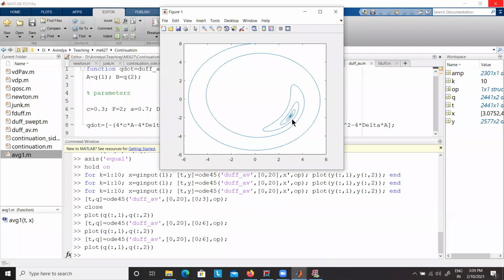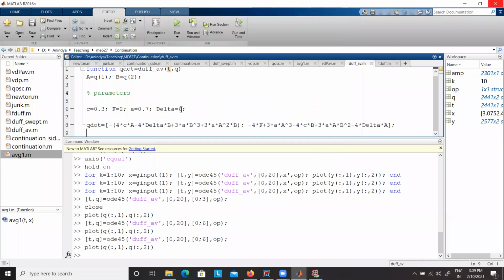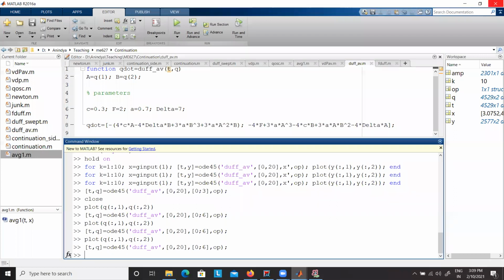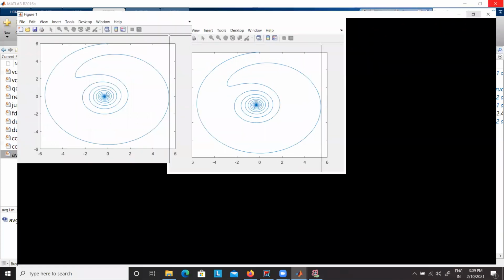Okay, so I hope we will see this is still here. 7. Who said 7? We'll try 7. Okay, let's try this and see what happens. Here we have one, here we have another, here we have another, and another.